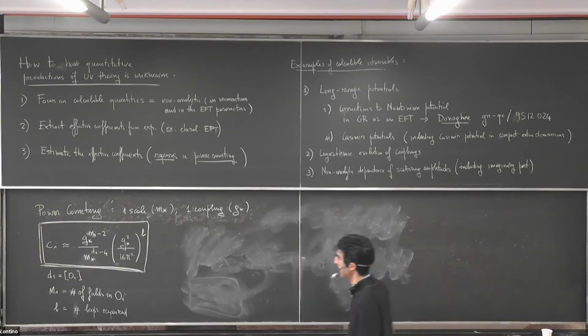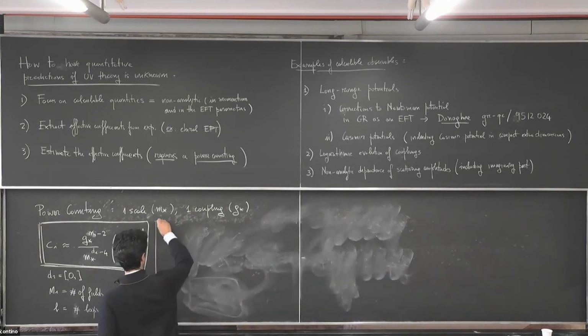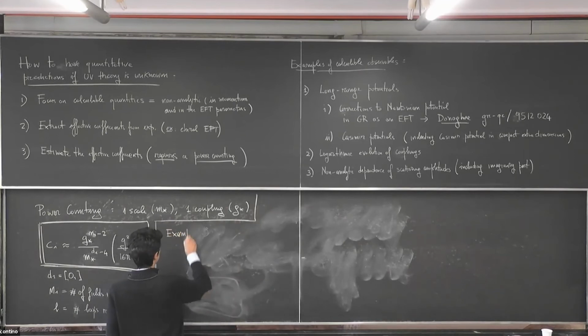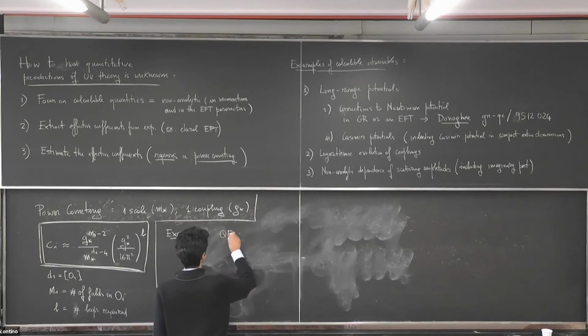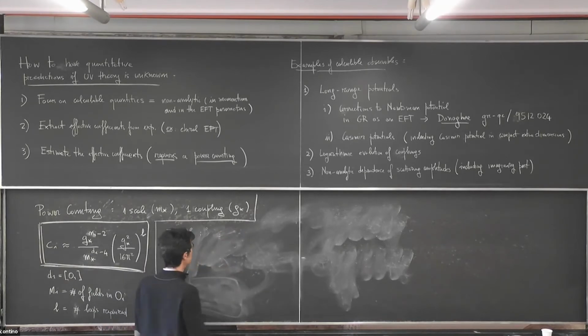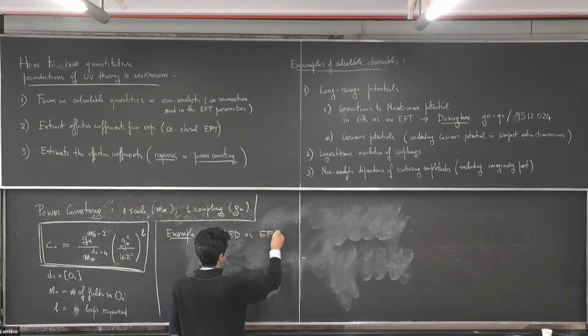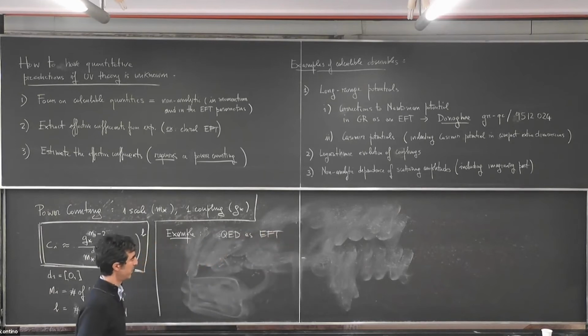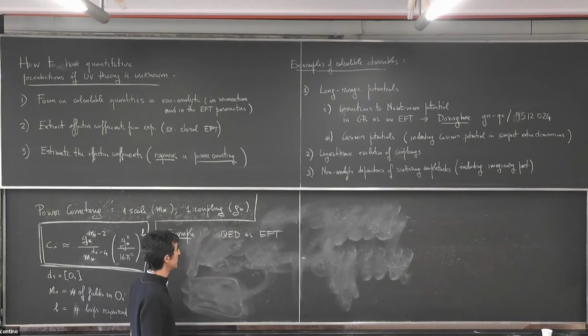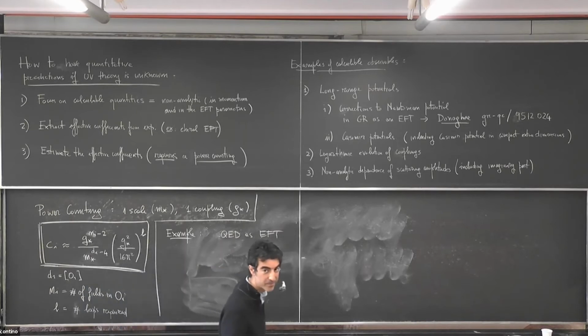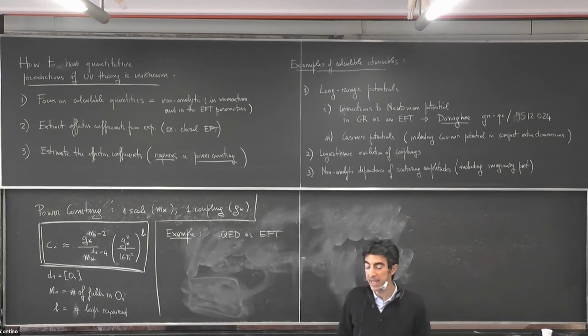And in fact, I think it's an instructive, real example. So consider QED as an effective field theory. Why would you think that you have to consider QED as an effective field theory? Because it is.